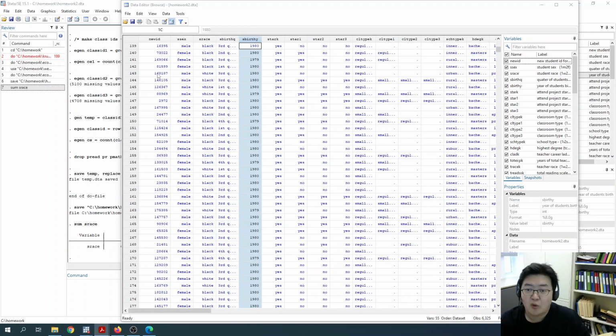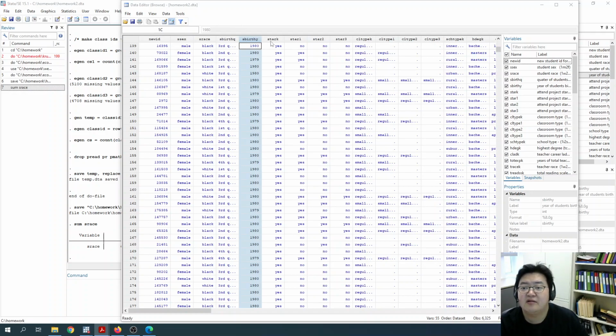Also, the quarter level data is important at this time because remember, they are kindergartners. They are 5 years old or 6 years old, so a quarter difference causes a big difference in their development. That's why they include quarter.